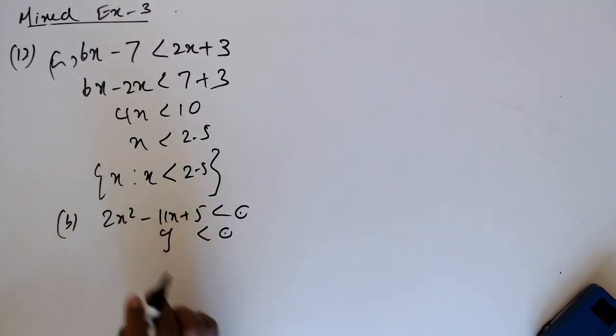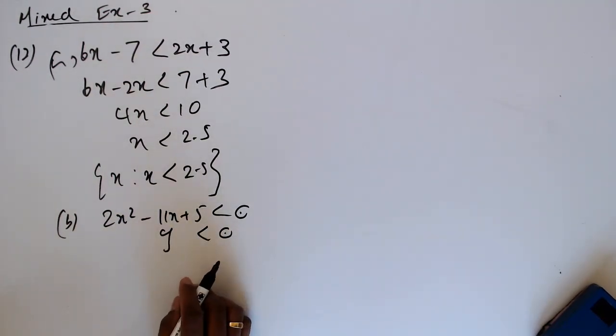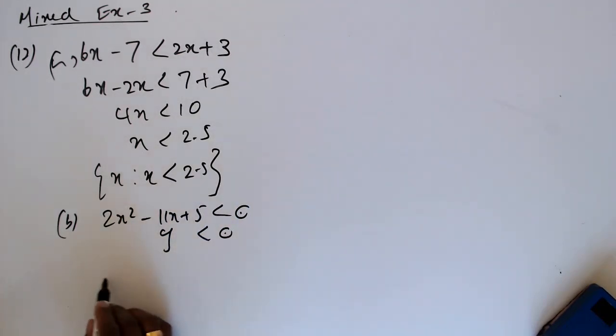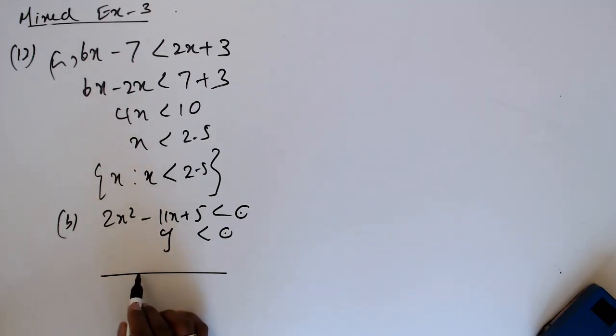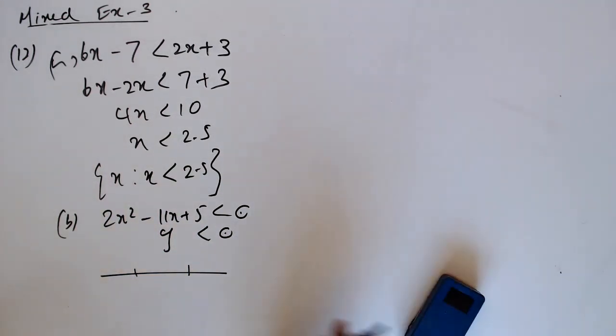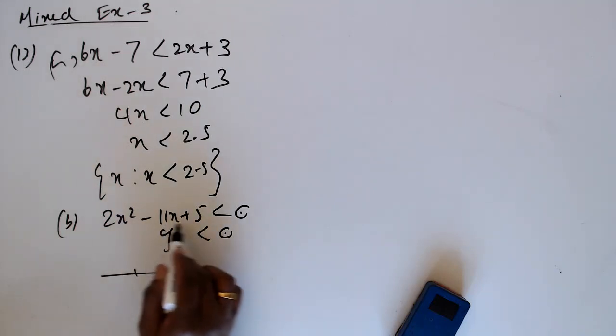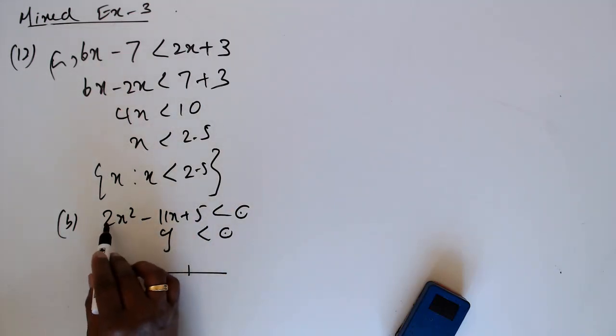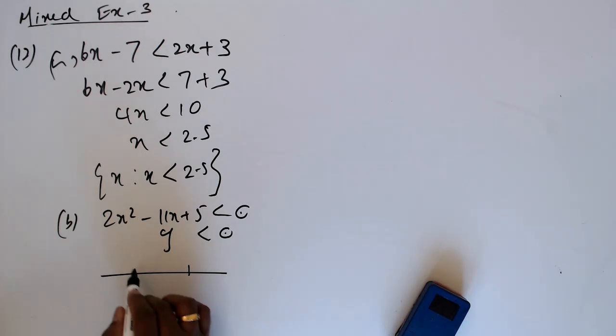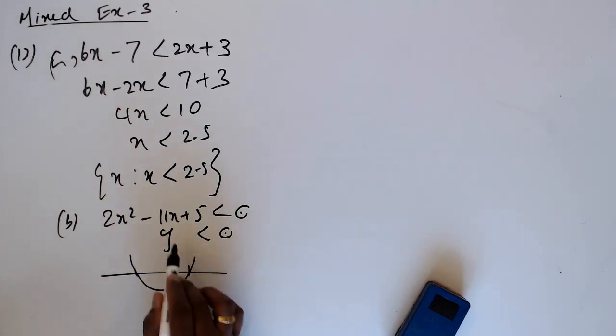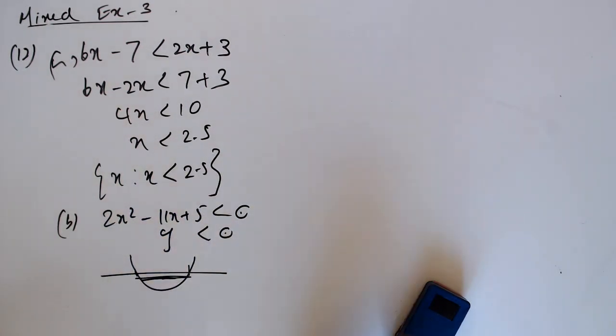This is a quadratic equation. Without drawing, if it has two roots, then the number line breaks into three areas. And since this is a quadratic equation with a minimum, a greater than 0, the y less than 0 area means this is the area.